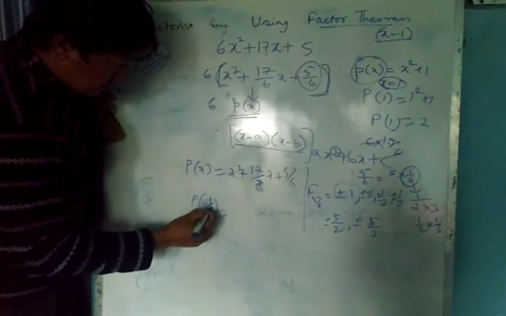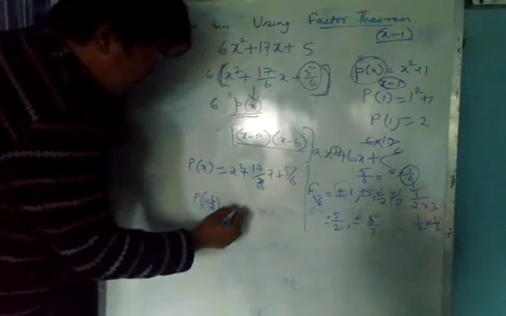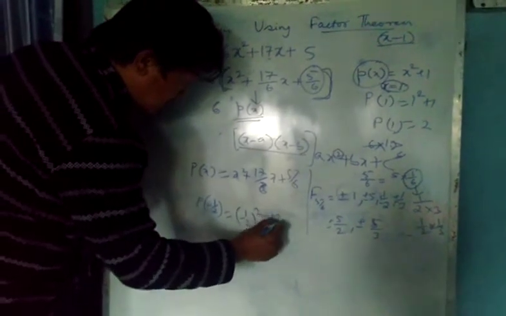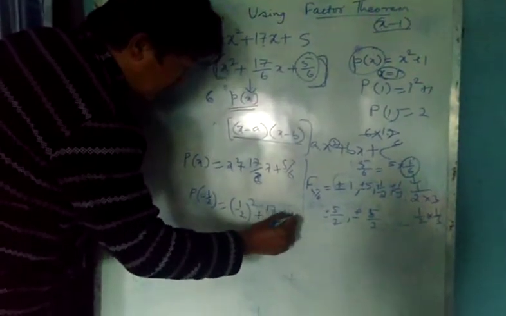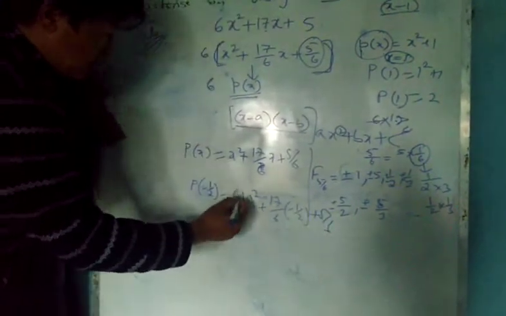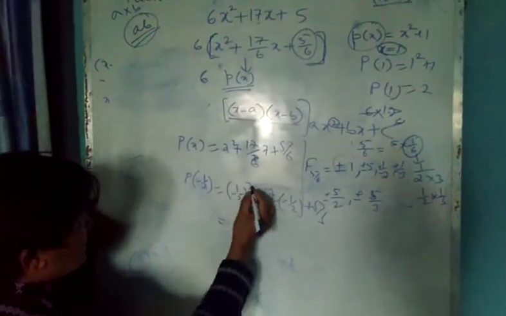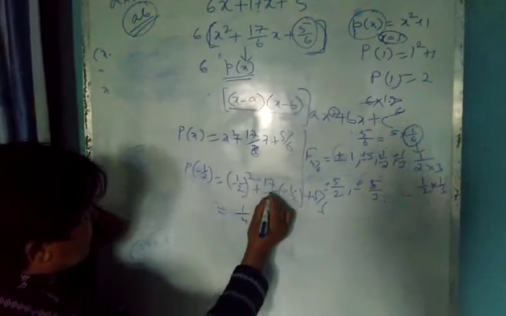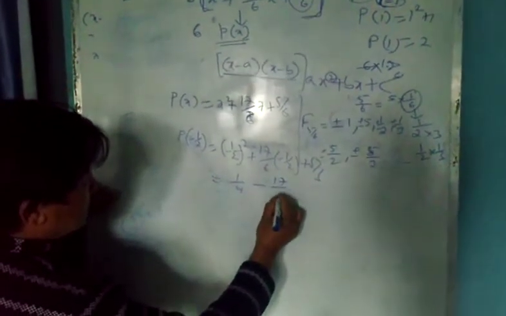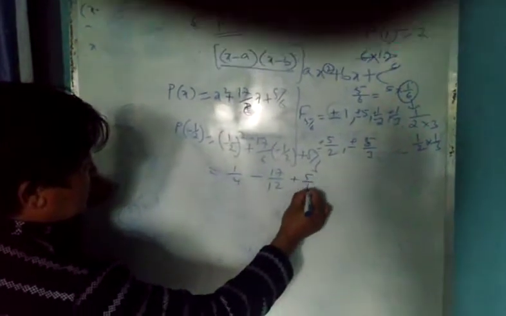So let us put minus half: minus half whole square plus 17 by 6 into minus half plus 5 by 6. So now 1 by 4 plus minus 17 ones are 17, 6 twos are 12, plus 5 by 6.